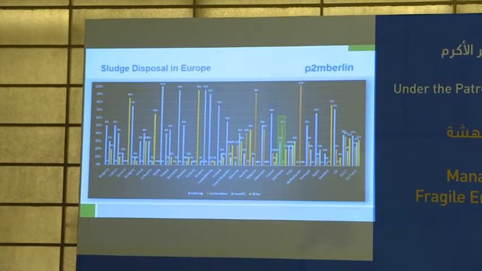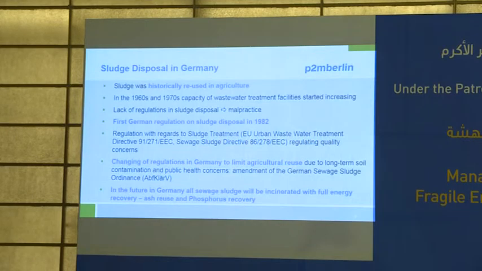As we are from Germany, we want to bring you the history and what we are doing in Germany with the sludge, and how our sludge management has changed over the years. Historically, we have used sludge in agriculture, and we still do. In the 60s and 70s, we vastly increased the treatment capacities in Germany.